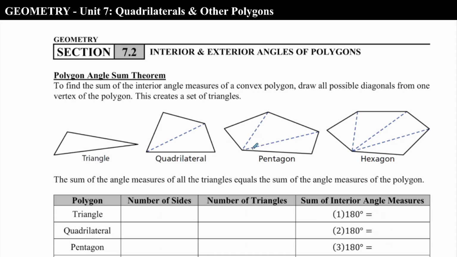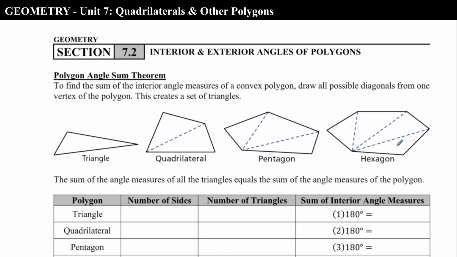Now for a pentagon, if we draw all the possible diagonals from one vertex, we end up with two diagonals and three triangles. And in a hexagon, we end up with three diagonals and four triangles. So this shows you that every polygon higher than a triangle can be divided into triangles.